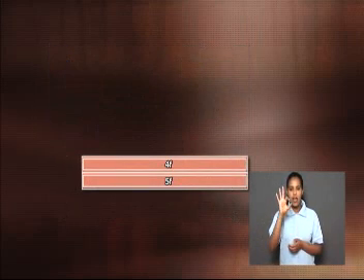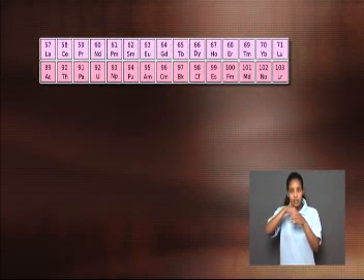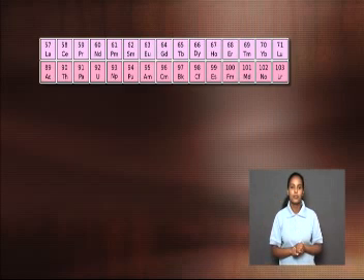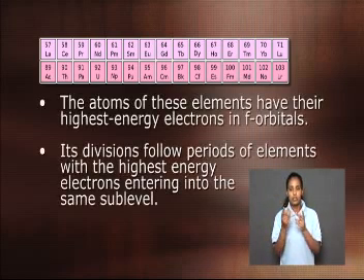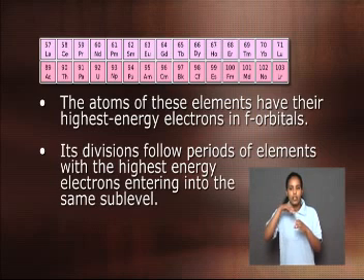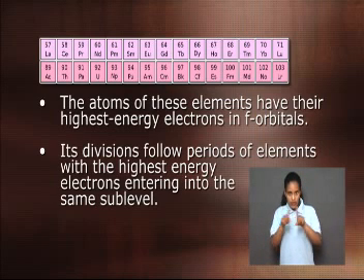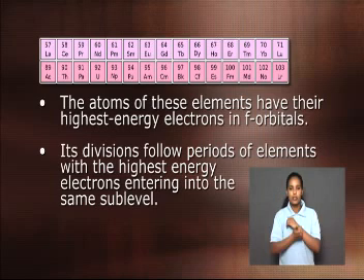The f block contains elements that are sometimes called the inner transition elements. In the atomic ground state, the atoms of these elements have their highest energy electrons in f orbitals. The f block differs from the other three blocks in that its division follows the arrangement of elements based on the same sublevel the highest electrons occupy, rather than groups of similar electron configuration.